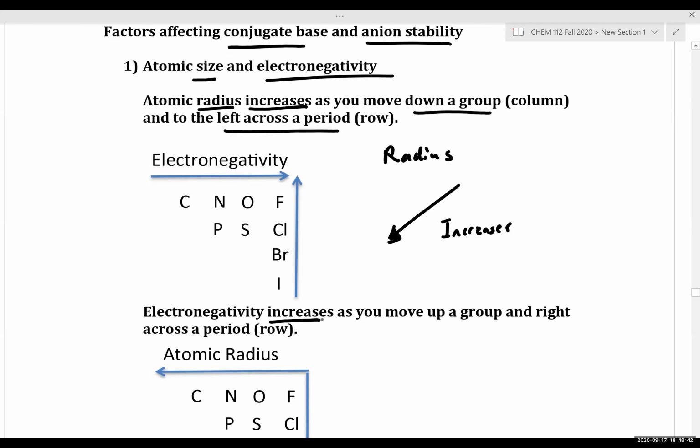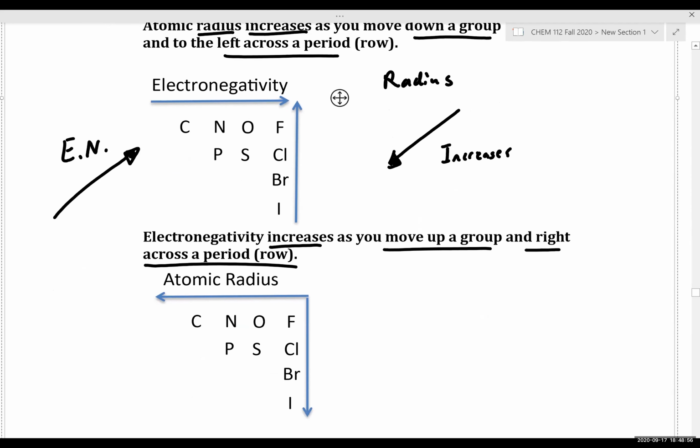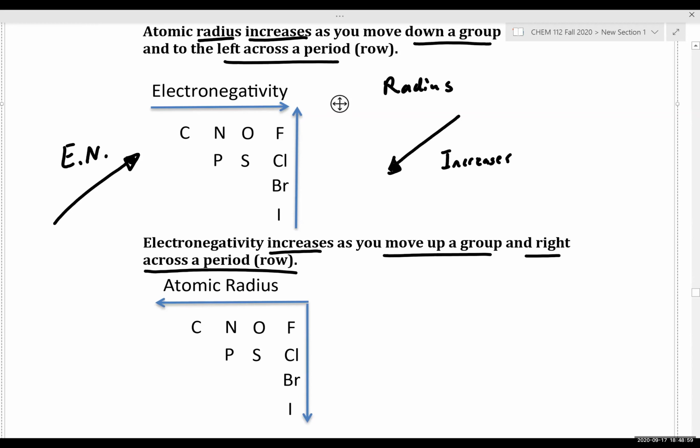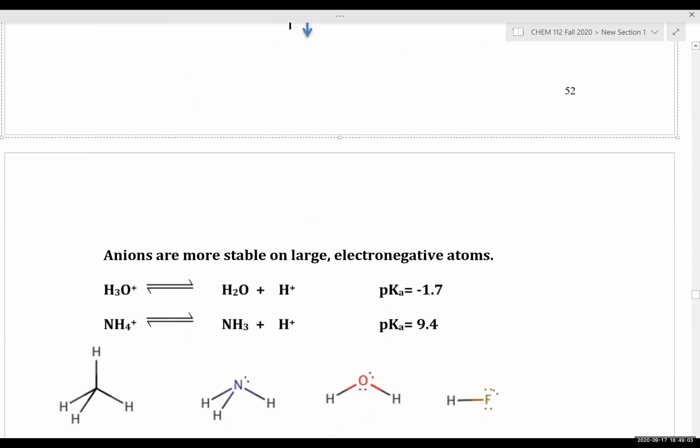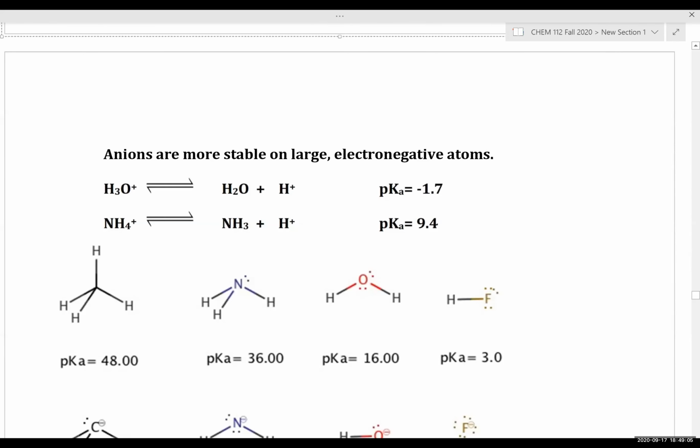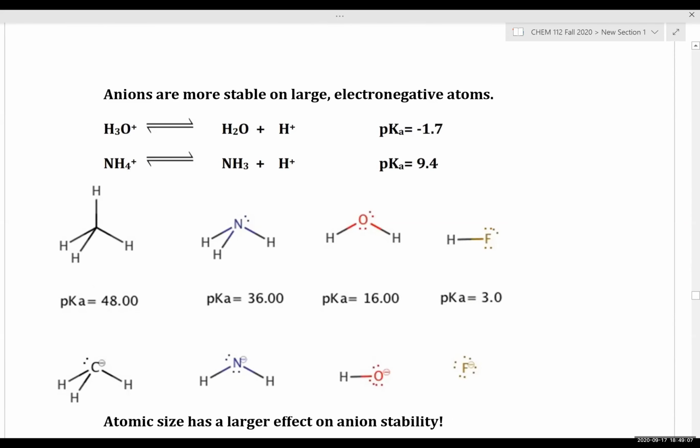Electronegativity increases as you move up a group and right across a period, so electronegativity you can draw with an arrow going up and to the right. Okay, so with these two factors, electronegativity and atomic radius, in mind, we can observe the following major trends.